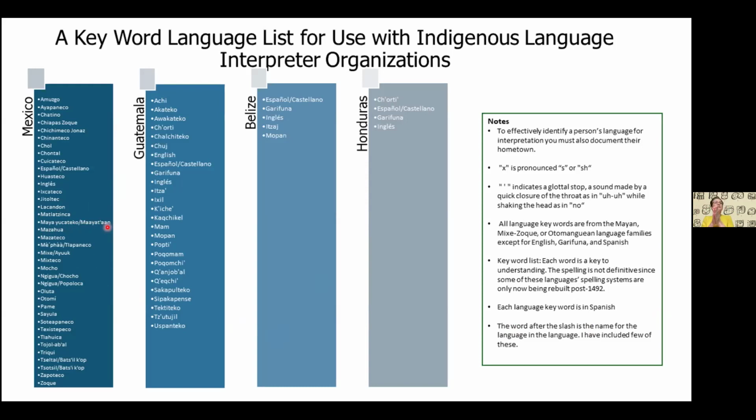I also want to let you know this is not an exhaustive list of all the languages spoken in Mexico and Guatemala or Latin America. This is for reaching out to the Indigenous language interpreter organizations when you need an interpreter. They are the experts about the complexity of the variants I was describing, and those relationships are very important to really making this list work for you.